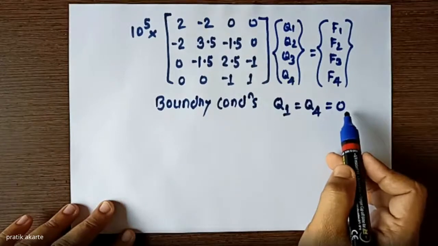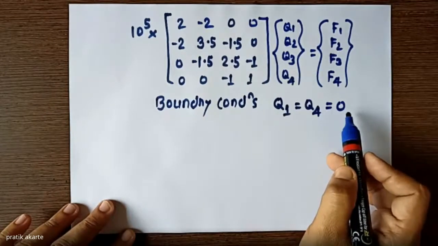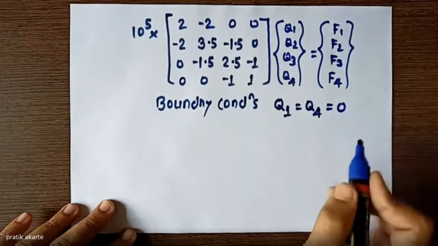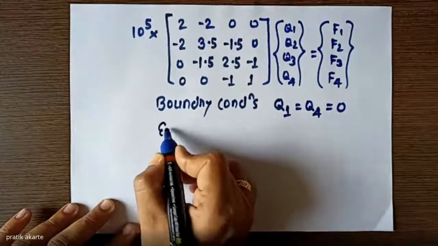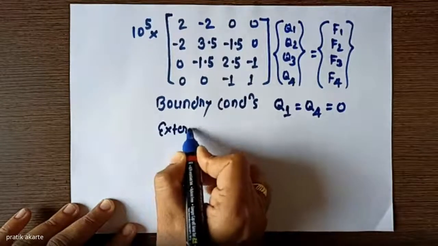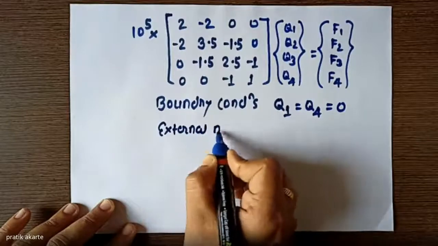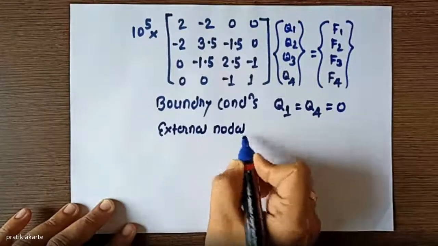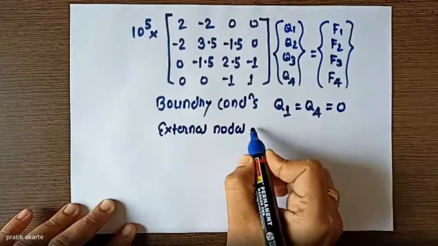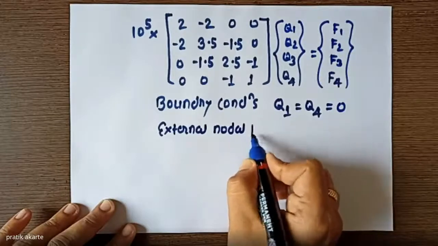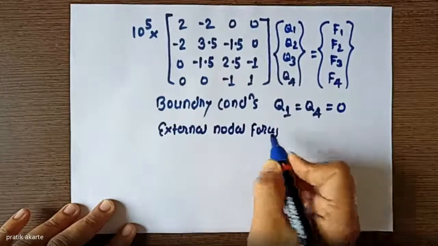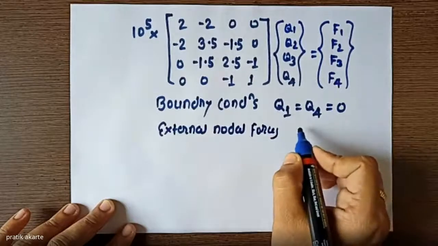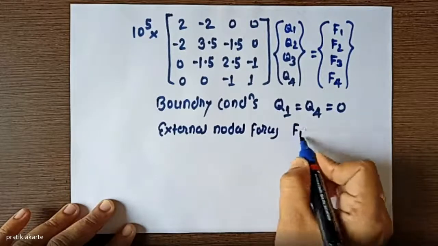These ends are fixed, so that's why the displacements are 0. Now external nodal forces, that means the particular part of the system, external nodal forces that are F1, F2 and F4.